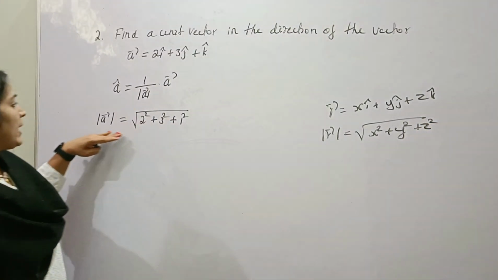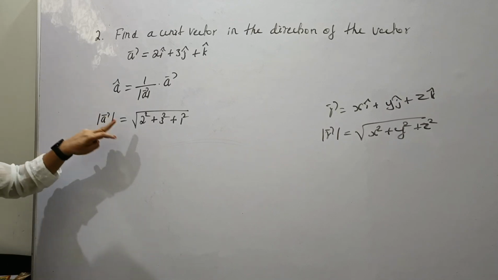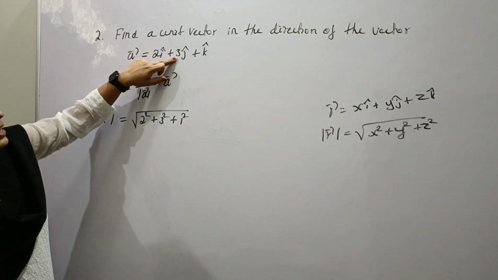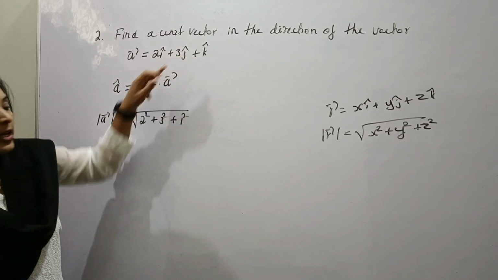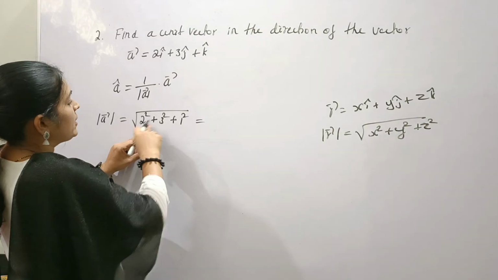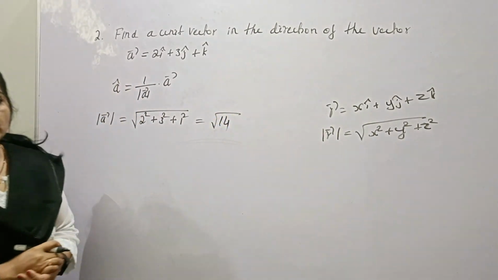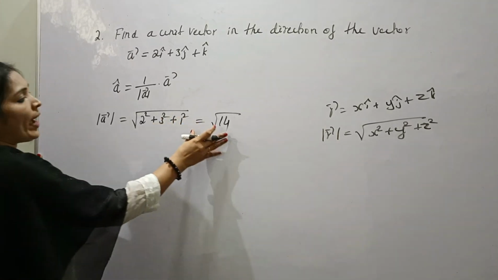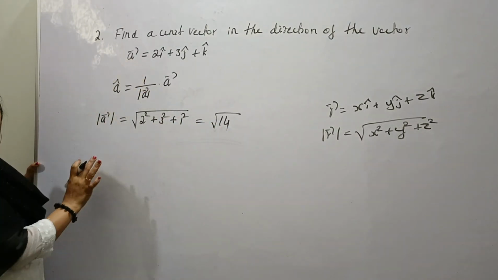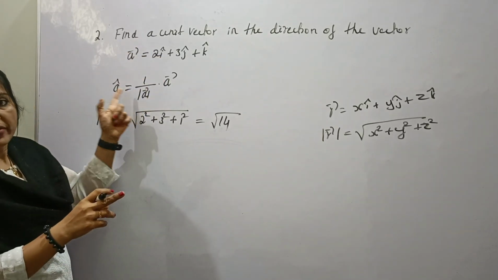So similarly, here the magnitude of vector A is equal to square root of 2 square plus 3 square plus 1 square, that is 4 plus 9 plus 1, which is 14. Square root of 14 is the magnitude of vector A. And we have to find the unit vector in the direction of vector A.